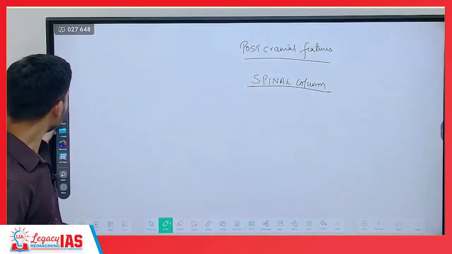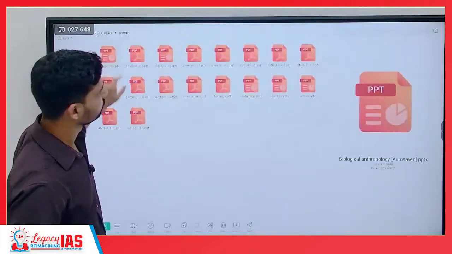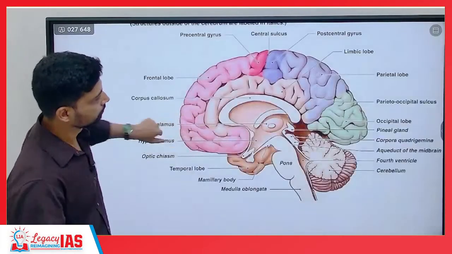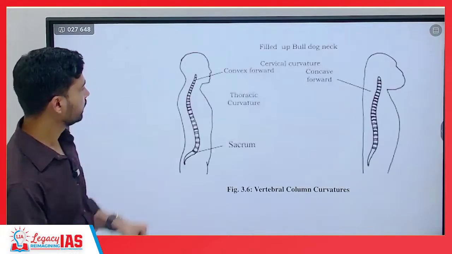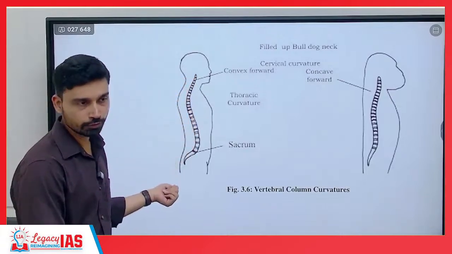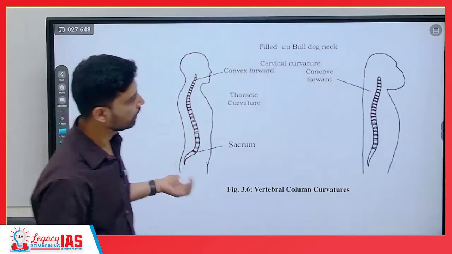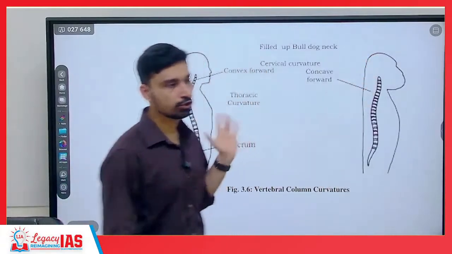We can look at the image first to understand the difference. So what does the human spinal column look like? It has this kind of curvature, a curved shape, while the ape's spinal column is more straight in nature.